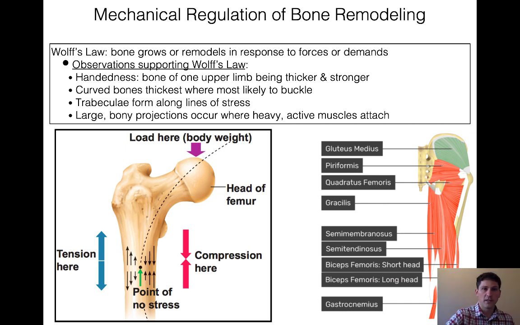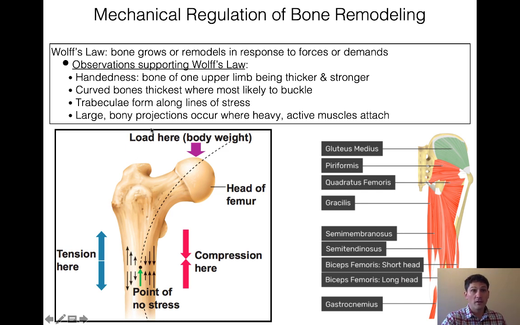If you're looking at this image on the left, we can see that here's your body weight pushing down on the head of this femur, but that's causing a force into your bone. And so we also have tension and compressional forces here as well. So those trabeculae are going to be remodeled along those lines of stress to help reinforce that bone.